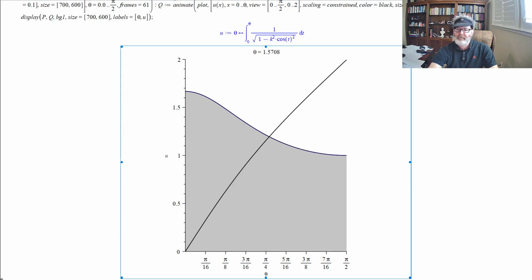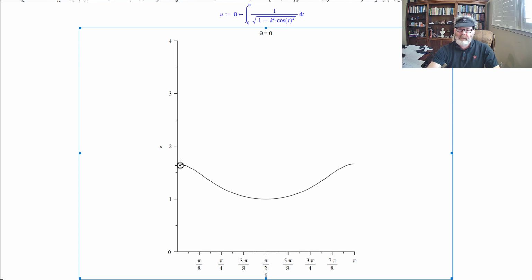We don't have to stop at pi over 2. The integrand is right here. It's going to have a period of pi. And so you can see the area from 0 to pi over 2 will equal the area from pi over 2 to pi. So I'll just get double.